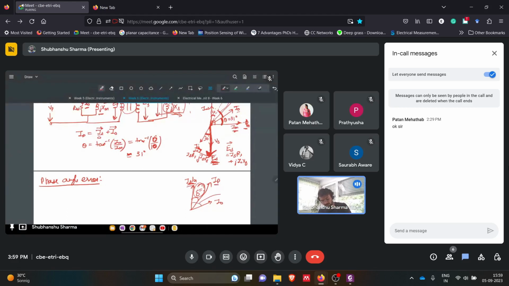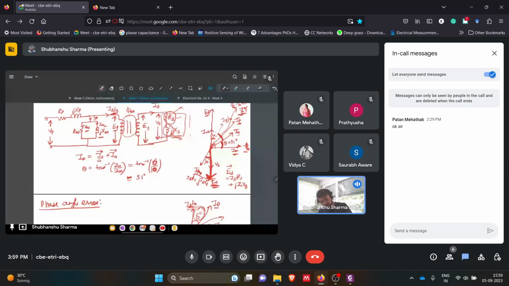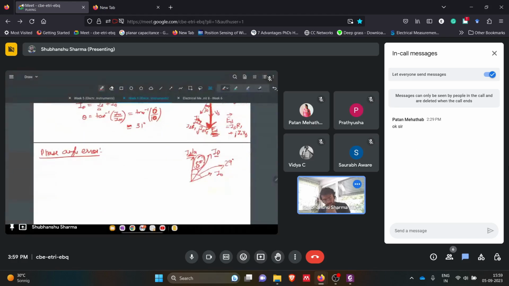We know this whole angle, that is theta. This angle, the 29 degrees we got. So this whole angle is 29 degrees. So what will be delta? In order to calculate the angle between the resultant vector and this base vector, it is simple if you know your vector calculations.